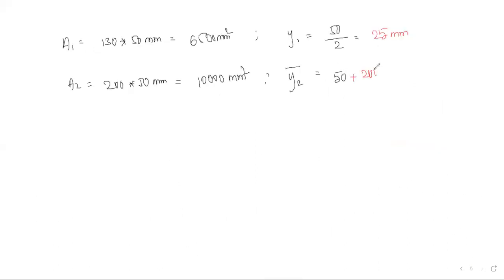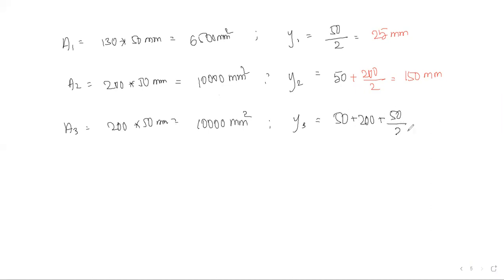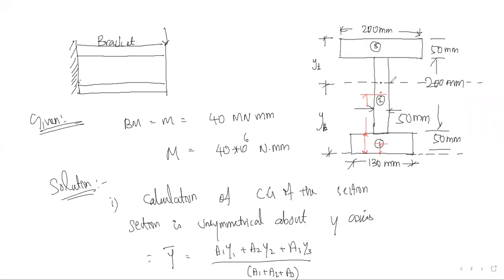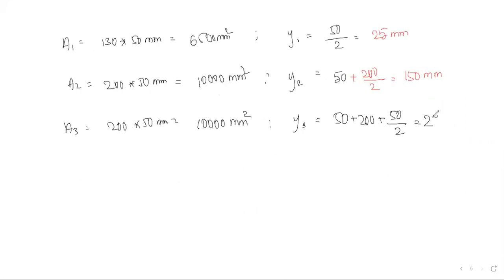So 50 plus 200 divided by 2, so it is nothing but 150 mm. So next A3. So A3, that is also 200 by 50 mm. So 10,000 mm squared, and y3. y3 is equal to 50 plus 200 plus 50 divided by 2. Since 50 plus 200 plus somewhere here. So 50 divided by 2 from the bottom. So it is nothing but 275 mm.